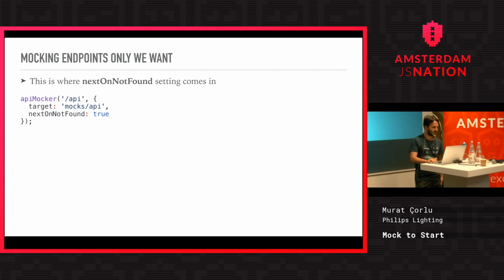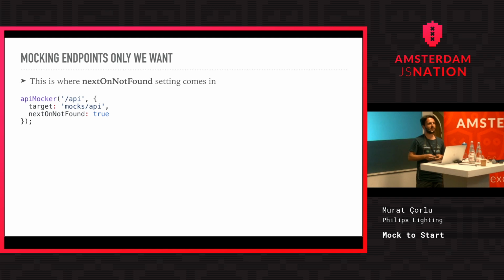With the help of that setting, if Connect API Mocker cannot find a mock definition for the requested URL, it will just pass the request on.